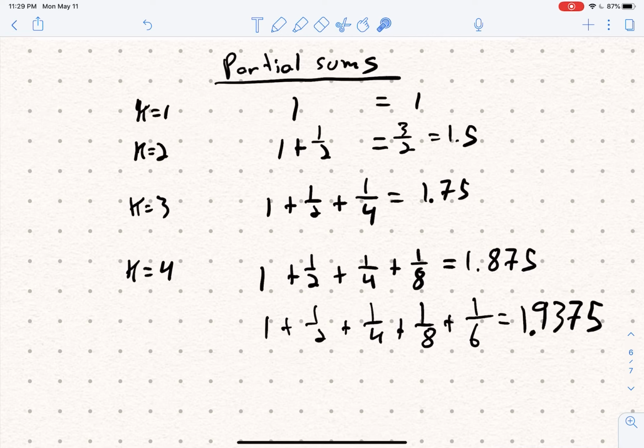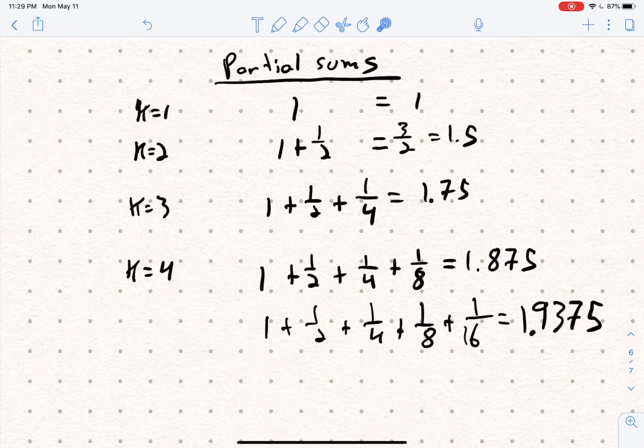Now, these numbers, the partial sums, they keep getting bigger. And that makes sense because we keep adding more and more numbers on. Oh, I made a mistake here. 1/16 is the fifth term there. I left off a 1 there. But the amount that we add each time is getting smaller and smaller. It's only half as big as what we added before.